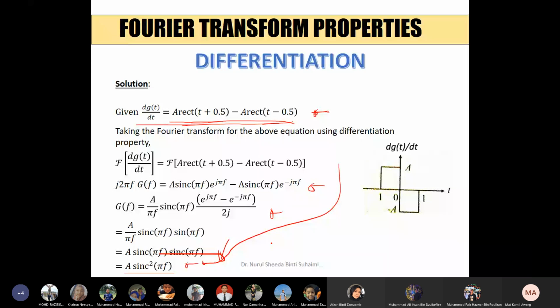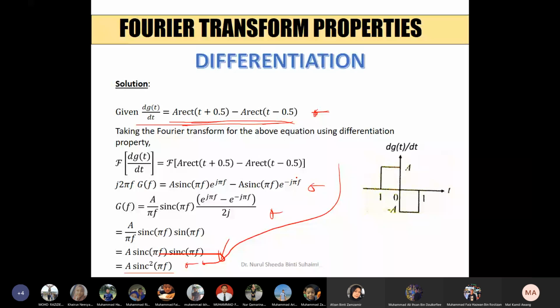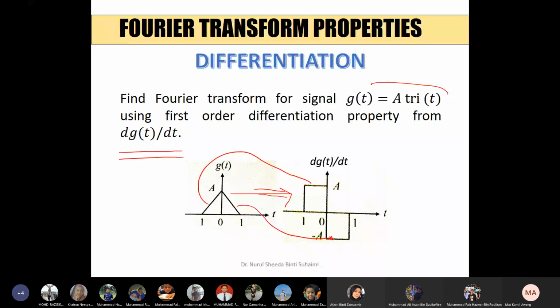But also what you can do is use the properties, the formula. We can do the Fourier transform of this and multiply by j 2 pi f.